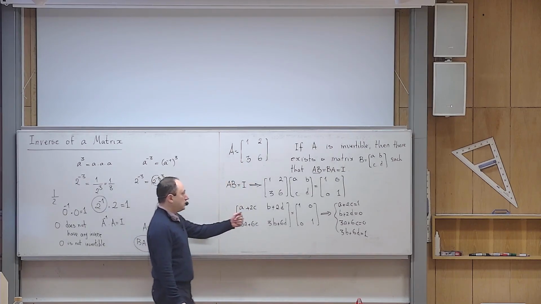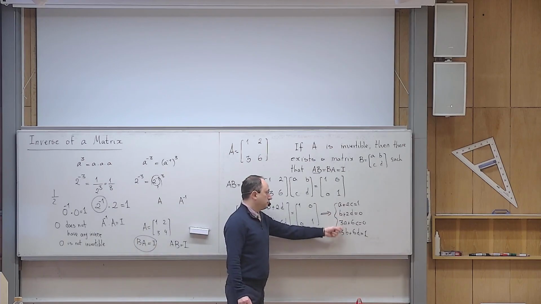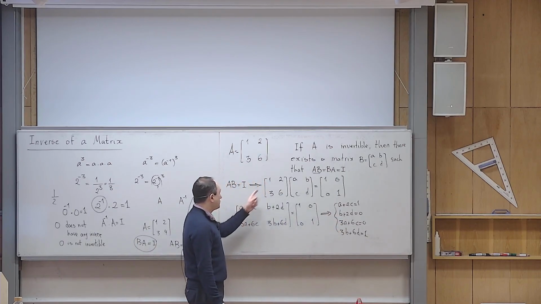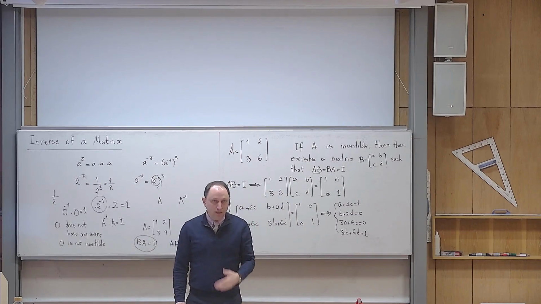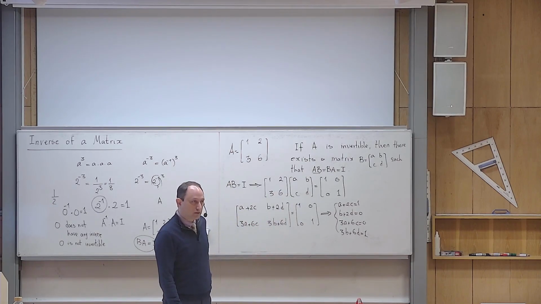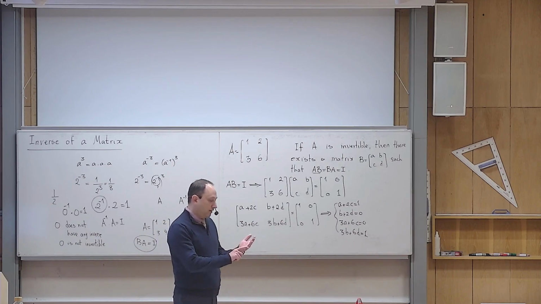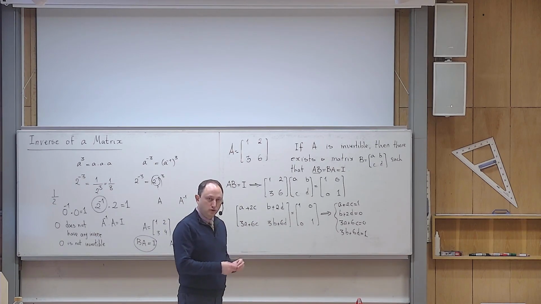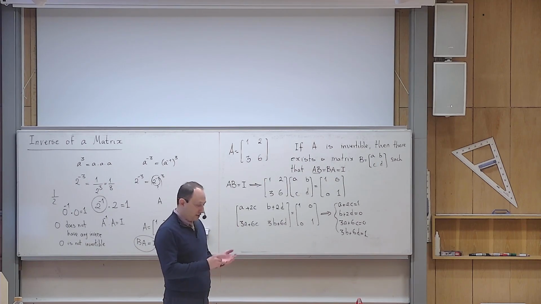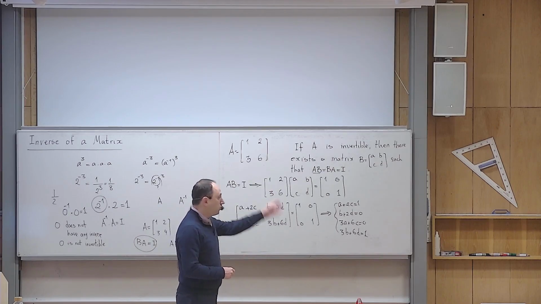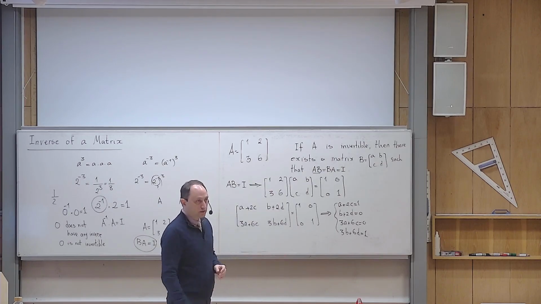But how many equations do I get? 1, 2, 3, 4. How many unknowns do I have? Exactly 4. But I am claiming this system is not consistent. So even though I have 4 equations and 4 unknowns, my claim is that it is not possible to find A, B, C, and D which satisfy all these conditions simultaneously. Why is that?